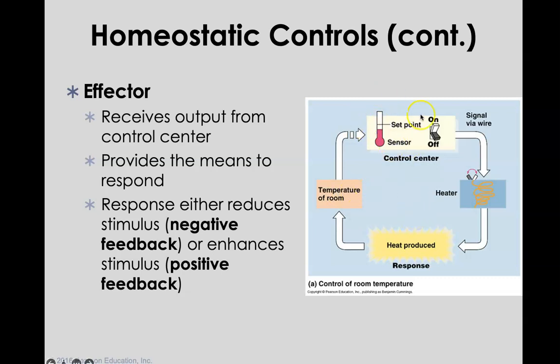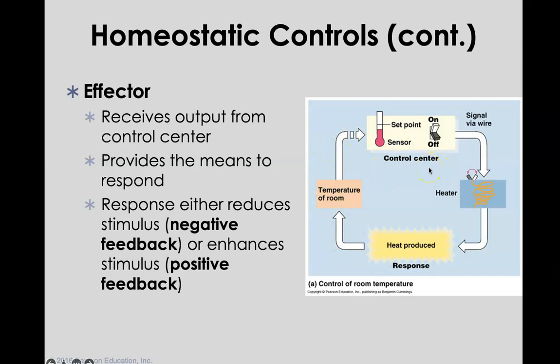But this just shows you their idea of the control center here, sensing and monitoring all those changes. And well, they don't even have a sensor here, I guess. But you'd have a sensor. Oh, here's their sensor. Sorry. Here's their sensor detecting what the room temperature is. The control center decides when that temperature has changed and how to bring us back to that normal temperature.